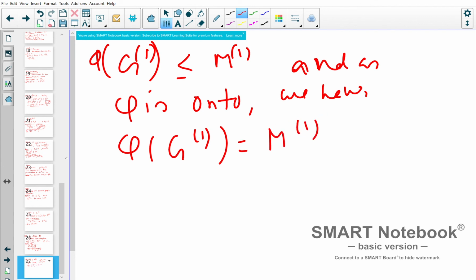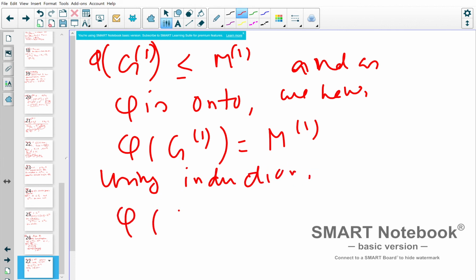Clear? Now obviously you can do mathematical induction. Using the same proof by induction, you have phi of Gi equal to Mi for each i.